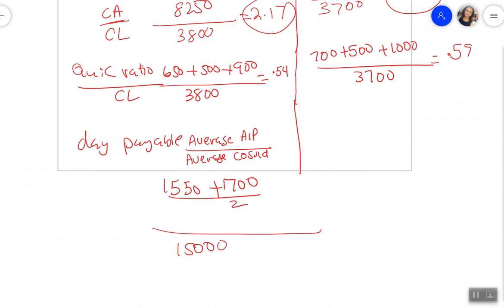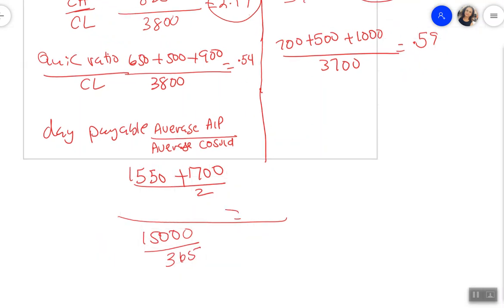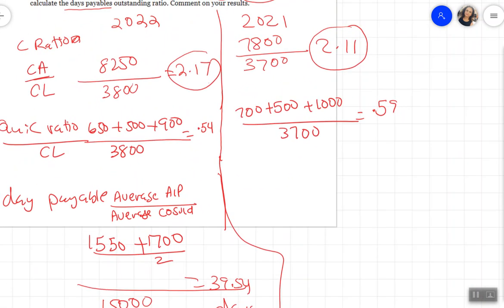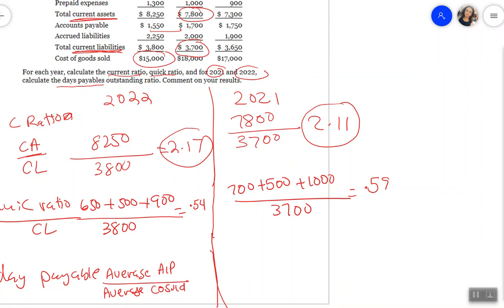They're saying average cost of goods sold outstanding for the year. In a year there are 365 days, and that will give us the average days, which is 39.54 days in 2021. For 2022, we're going to do the same thing.